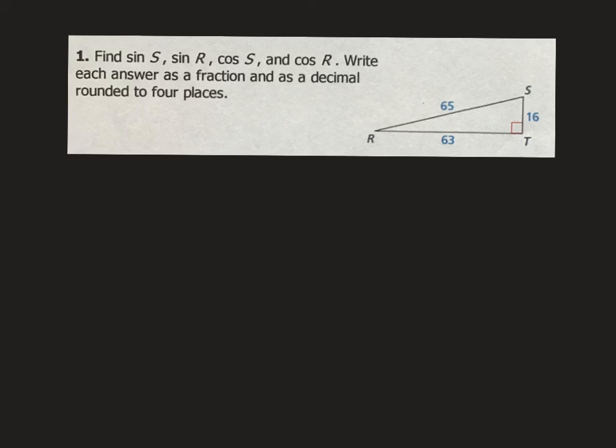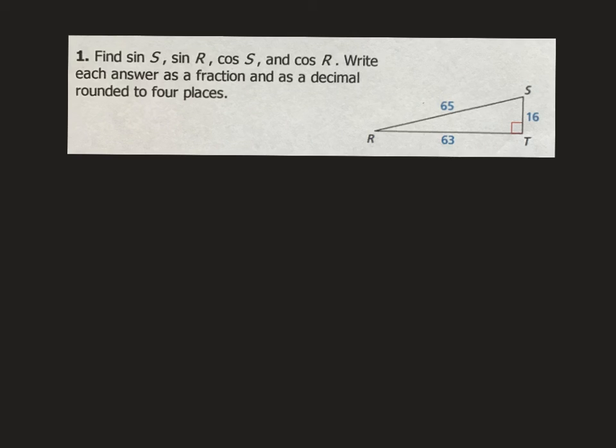Okay, so in number 1, we're going to write sine and cosine for both angles R and S. We want to write each answer as a fraction and as a decimal rounded to 4 places. Now, one thing I want you to be careful of in your homework, because for the most part, you all did really well with tangent, but the one thing that I was noticing is that the answer may have been asking for a fraction answer, but some of you were putting decimal answers.